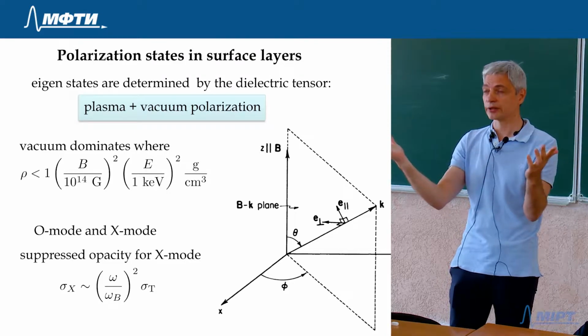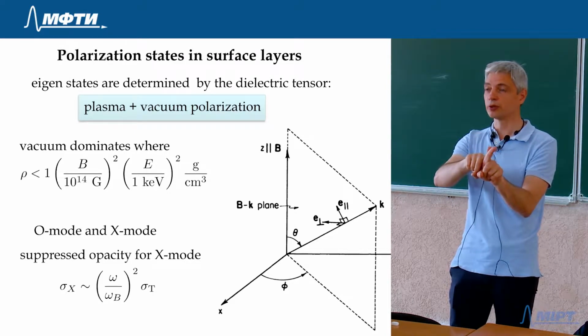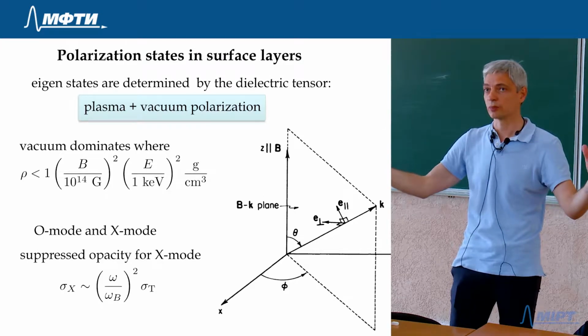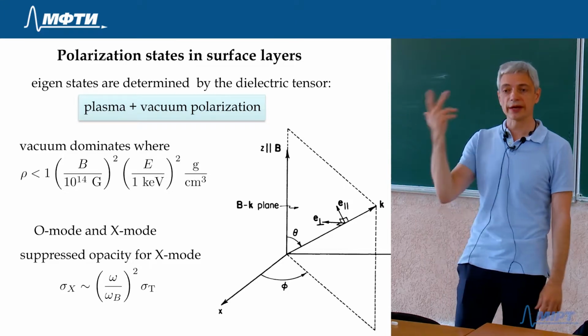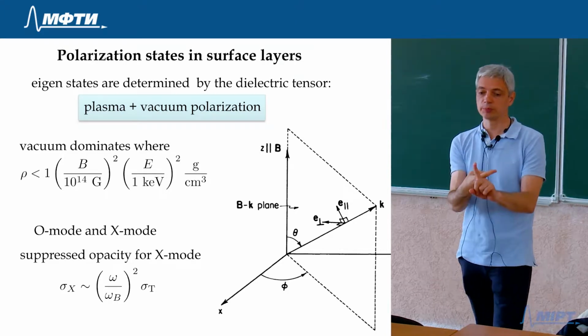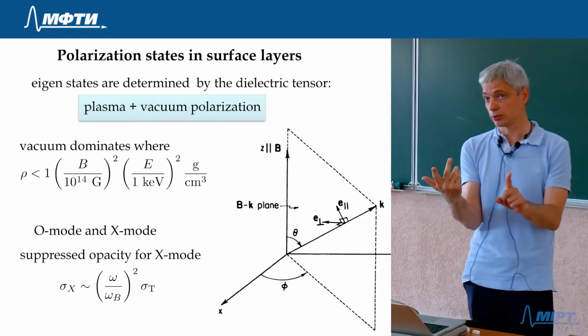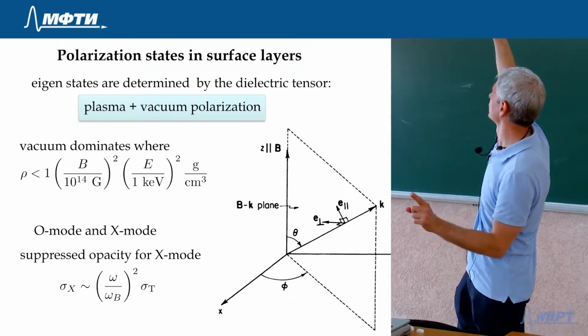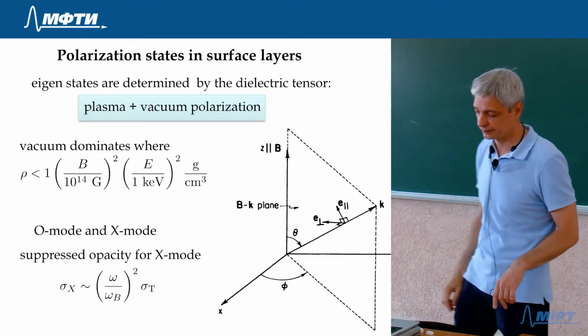So that's simply why. The O mode has electric field component that can shake the particles along the field line and therefore a big cross-section, Thomson cross-section basically. The X mode has electric field perpendicular to the omega B plane, in particular perpendicular to B. And so it does not quite shake. Well, it shakes it a little bit, but there is this suppression by the square factor.